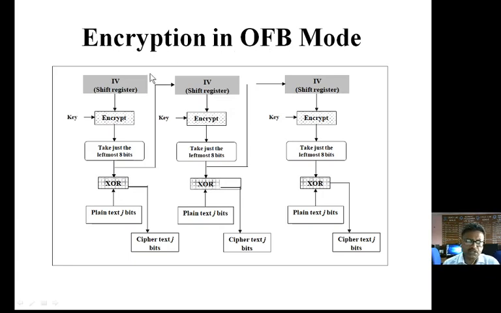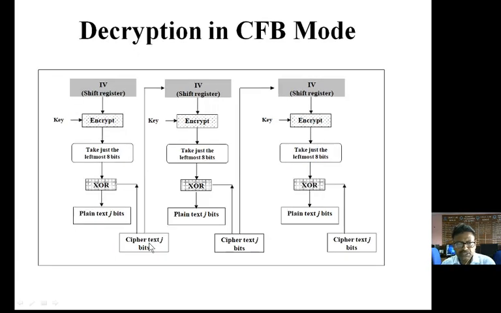And what is the process adopted in the OFB mode? It is as simple as the CFB mode. We take the IV, the initialization vector register, and it is encrypted with the key, similar to the CFB mode. Taking the leftmost 8 bits again, after this the leftmost 8 bits are XORed with the plain text to get the ciphertext. In the CFB mode, you have seen that the ciphertext is fed into the IV register.